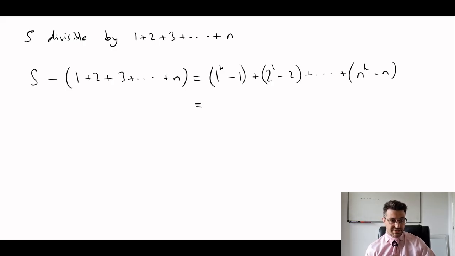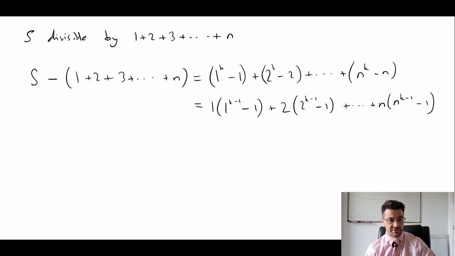So I wrote this as 1 times 1 to the power of k minus 1 plus 2 times 2 to the power of k minus 1 plus n times n to the power of k minus 1. But like I say, this didn't go anywhere. Okay.